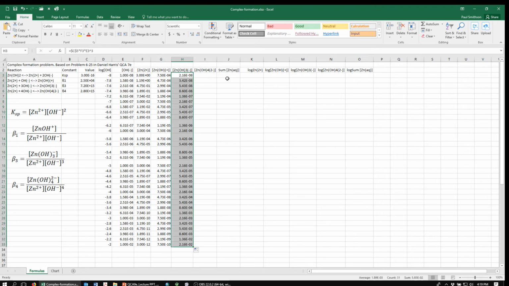And copy that down. And now for the final one, ZnOH4 2-, that's going to be equal to beta 4 absolute address times zinc ion times hydroxyl to the fourth power.